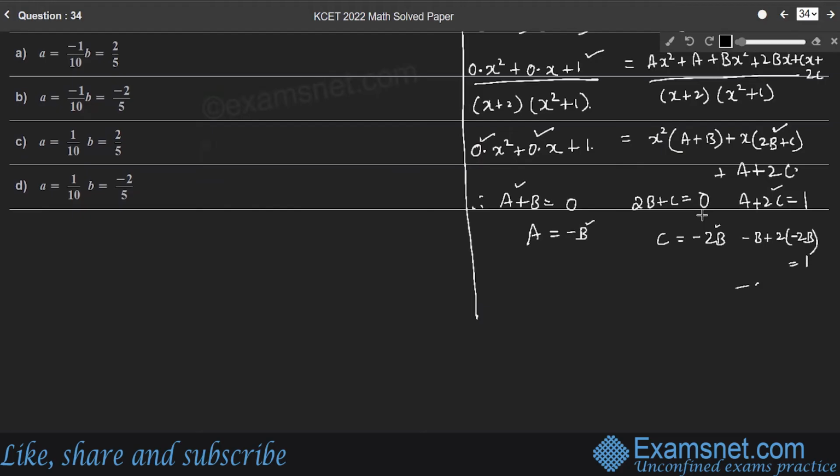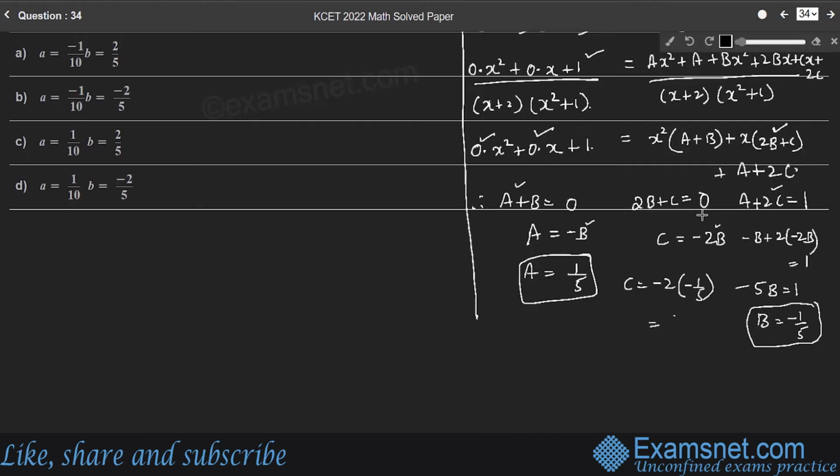Therefore, minus 5b is 1, and the value of b becomes minus 1 by 5. This is the value of capital B. So if b is minus 1 by 5, a becomes minus of minus 1 by 5, which is plus 1 by 5. Whereas c becomes minus 2 into minus 1 by 5, which is 2 by 5, the value of c.